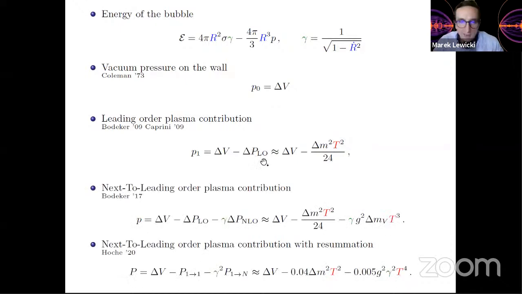However, later on, and Jessica already explained this much better in the previous session, and we will actually use her result, not the Bödeker and Moore one, in what follows. Essentially, the next-to-leading order corrections with resummation give you a correction which goes as gamma squared.